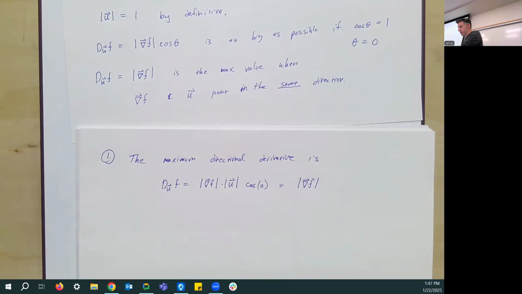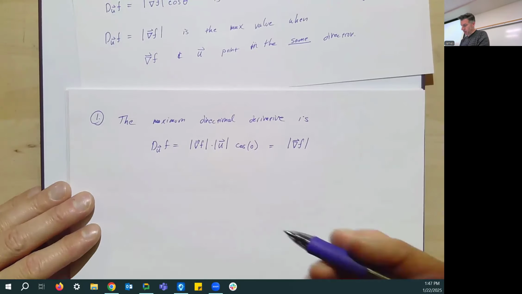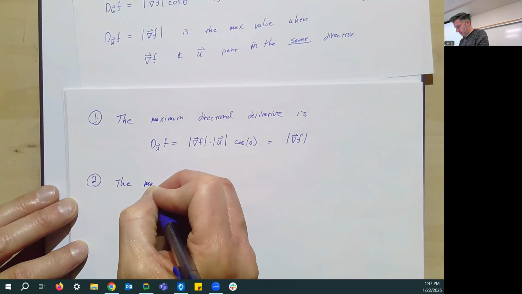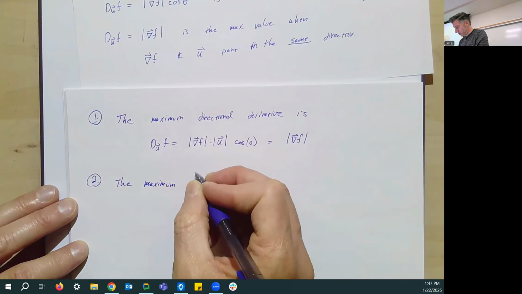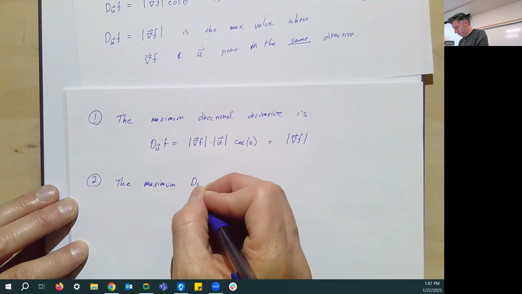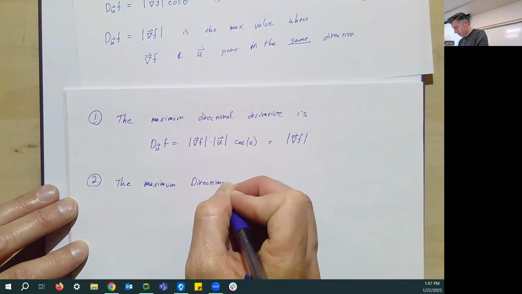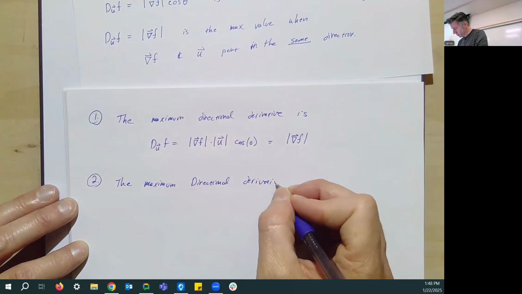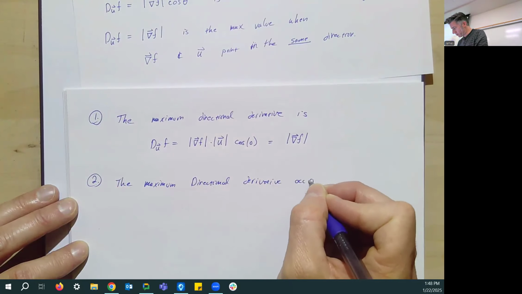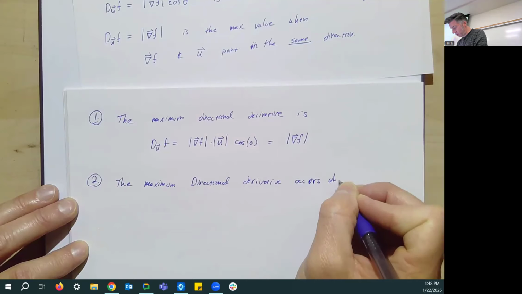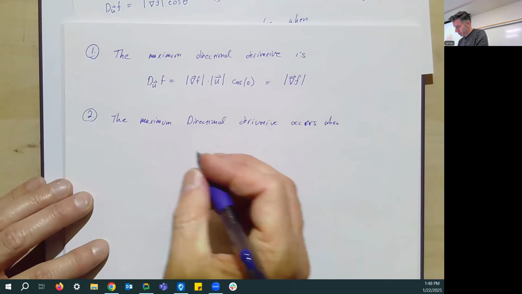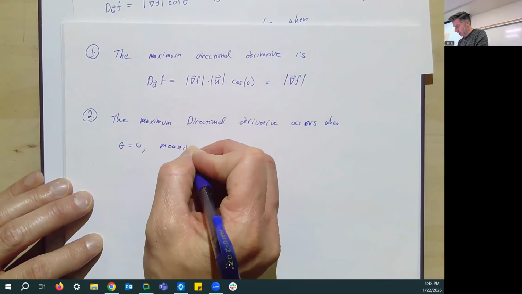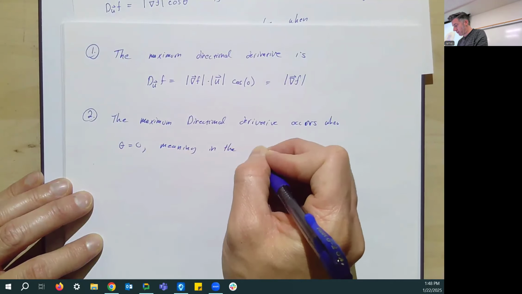I think the more interesting thing is that the maximum directional derivative occurs when the angle is equal to 0. Meaning, in the direction of the gradient.